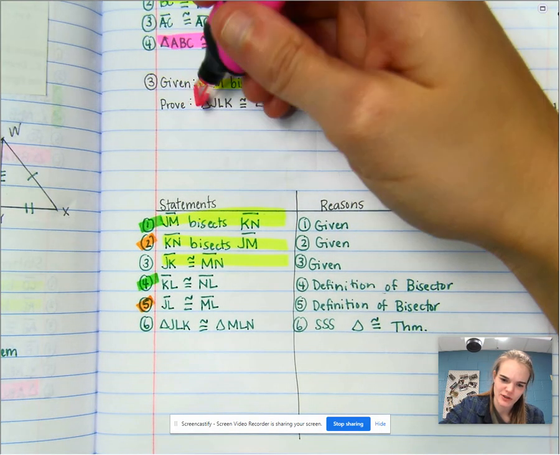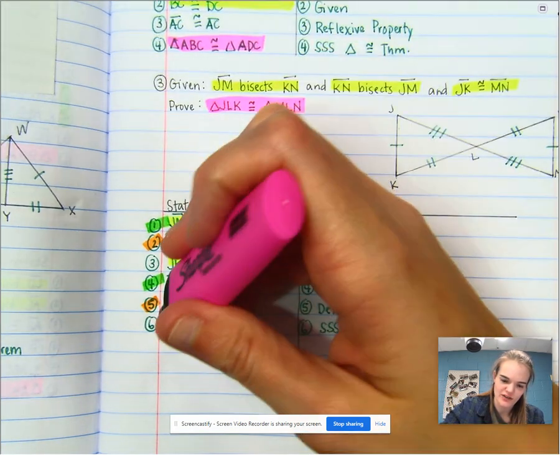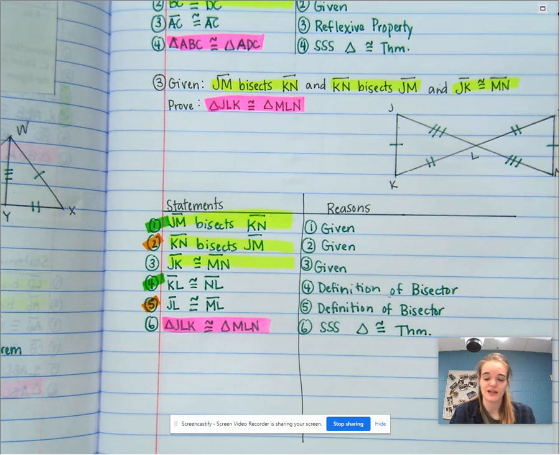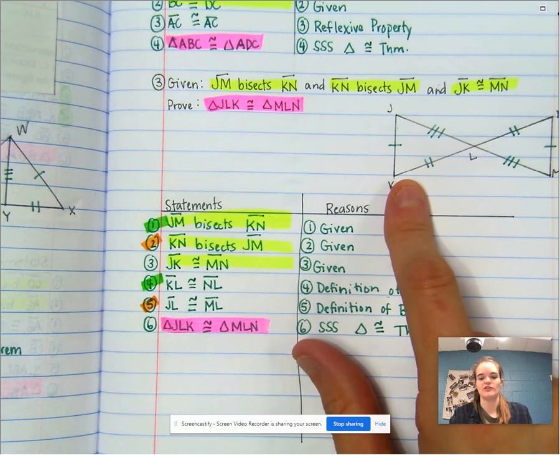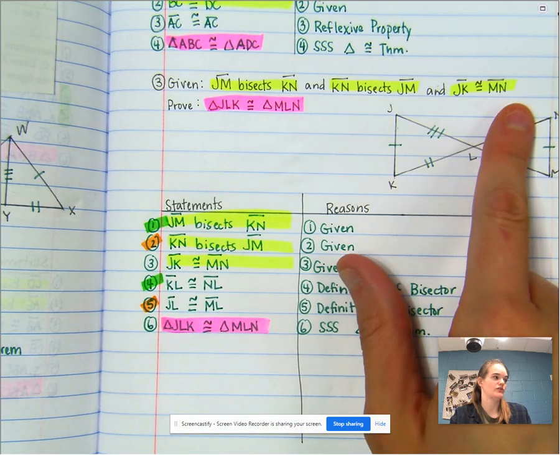So we are at the end. And I'm going to show you the similarity between proving this with side, side, side and proving it with side, angle, side. This is what I mean. Depending on what they give you, depends on how you can prove it. So this was side, side, side because they said here are these 3 things that have to deal with sides.